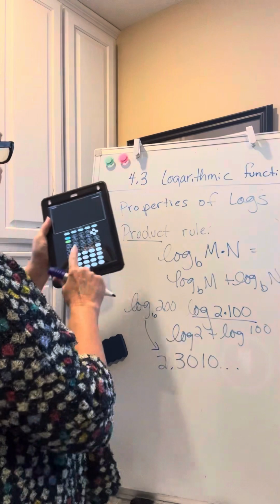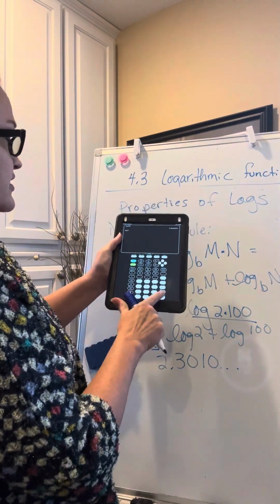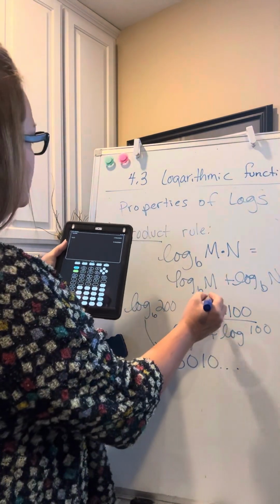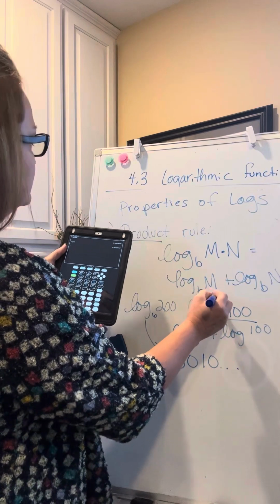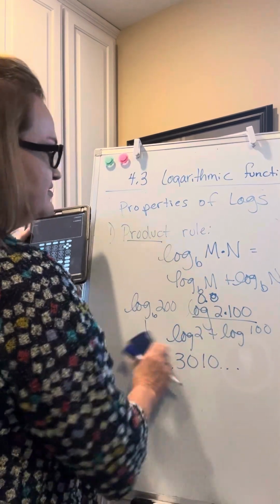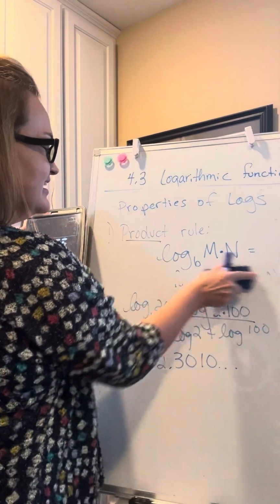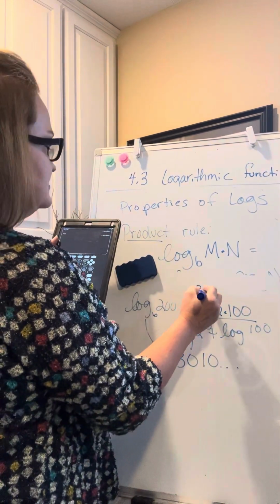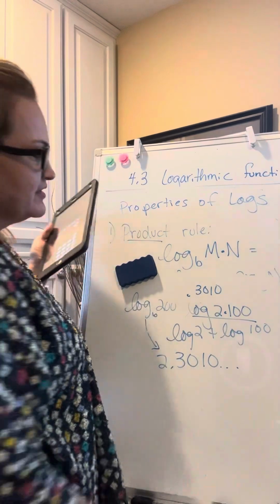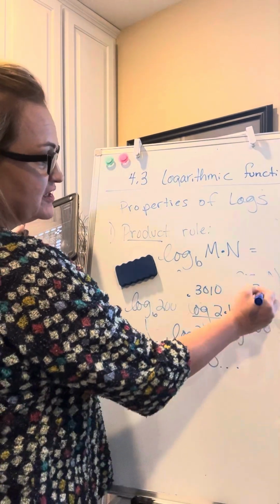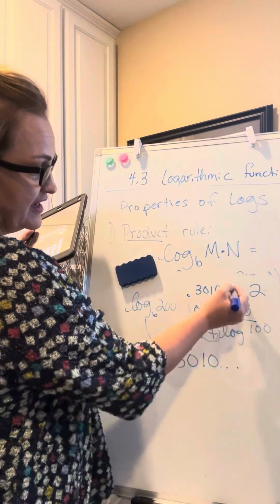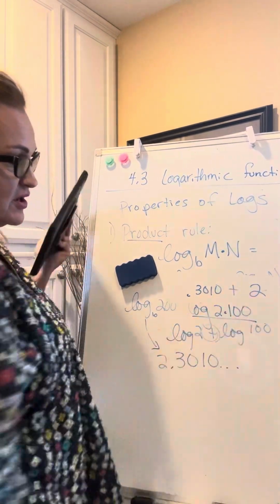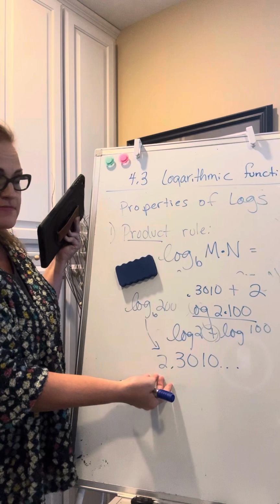Looking up log of 2, again, we can do this on our calculator. Log of 2 is 0.3010-ish, that part of it. And then log of 100 is 2, and then the rule says, because it's multiplied, 2 times 100, we should add it and see it would be exactly the same thing.